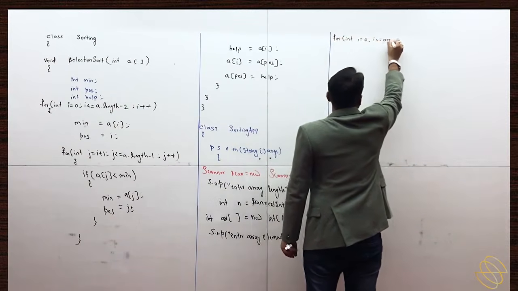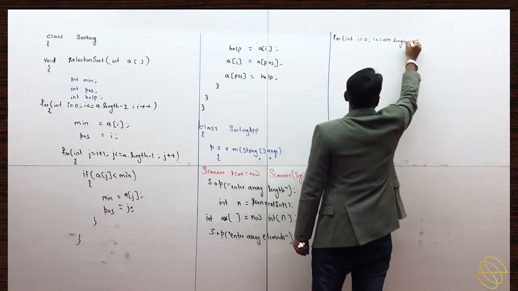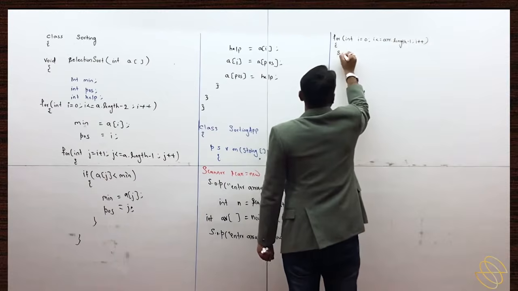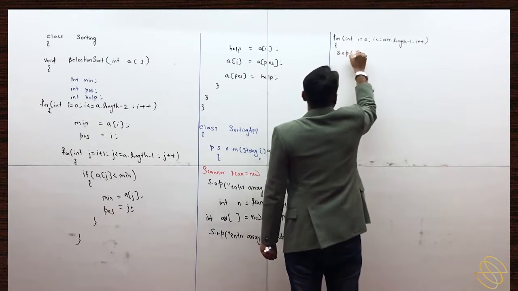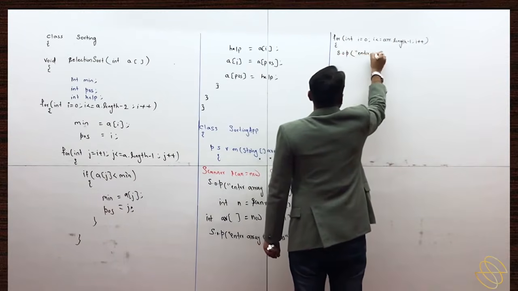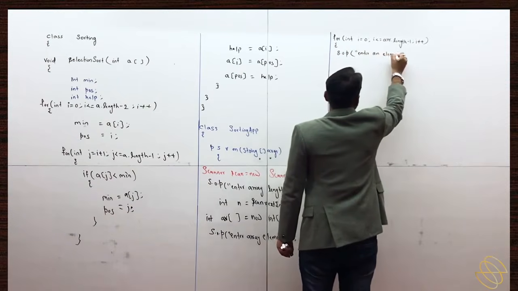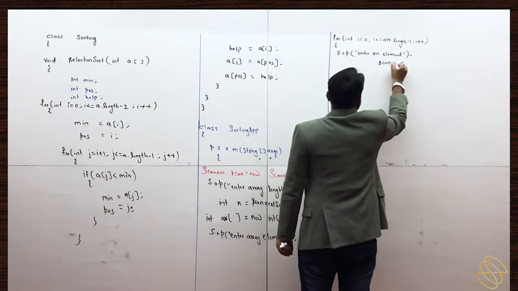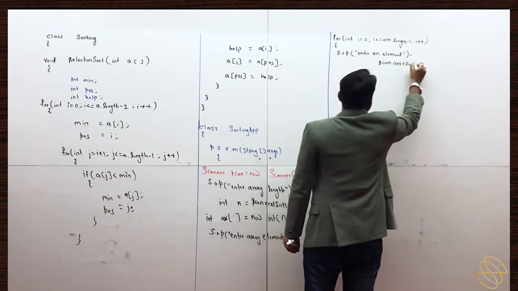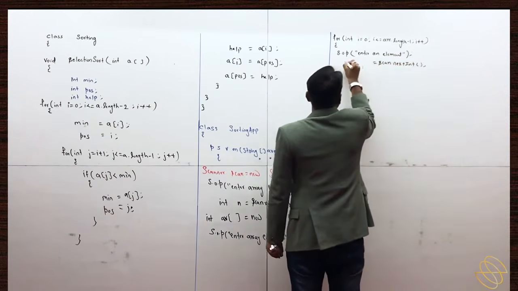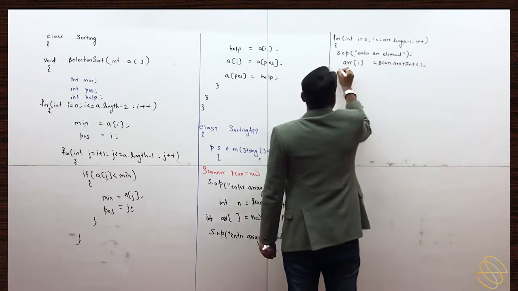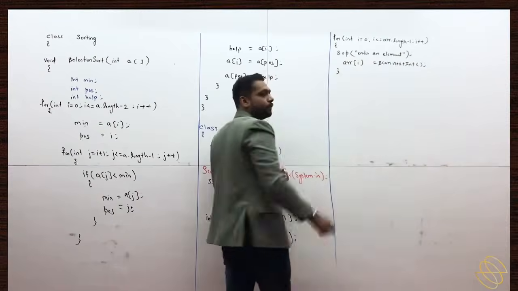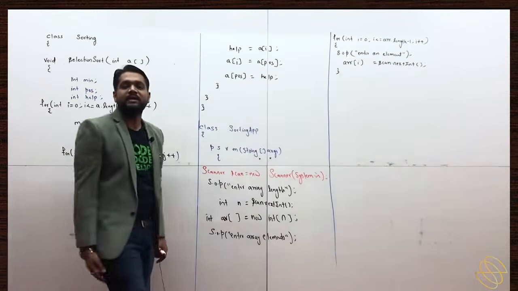Go until array.length minus 1, i++. Every time tell System.out.println, enter an element. By seeing this message, the user will enter an element. I will collect it by telling scan.nextInt and I would store it in arr[i]. You know, by the end of this loop, the complete array would be filled with elements.